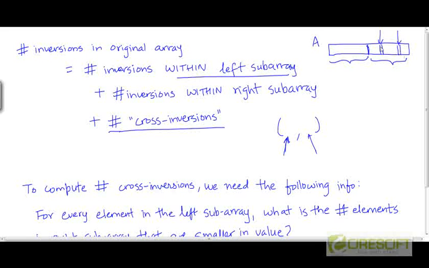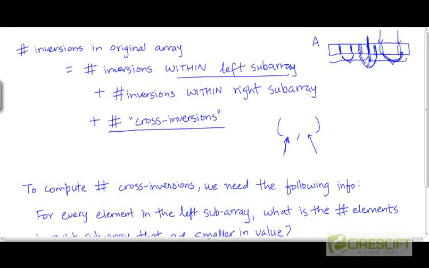So this is an example of an inversion in the right subarray. This is an example of an inversion within the left subarray. This is the halfway mark here. A cross inversion is one where the left element comes from the left subarray and the right element comes from the right subarray. So the inversion is crossing the boundary of the midpoint.